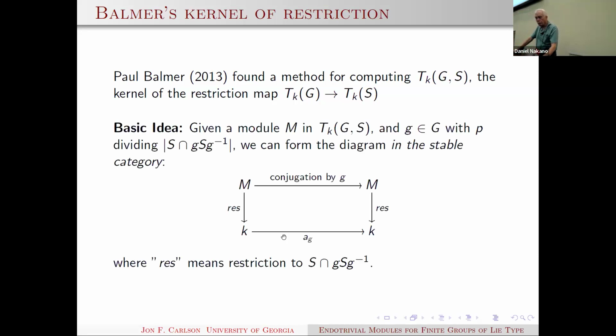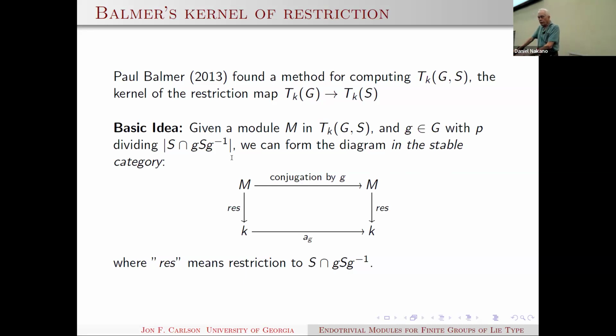And here's what he came up with. Here's the basic idea of it. Got a module M. Suppose you take an element g, and what you want is p to divide the order of the intersection of the Sylow subgroup with its translate.